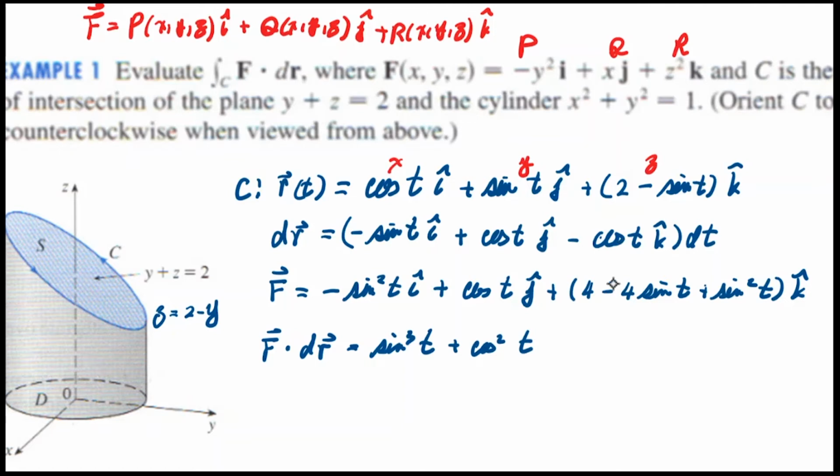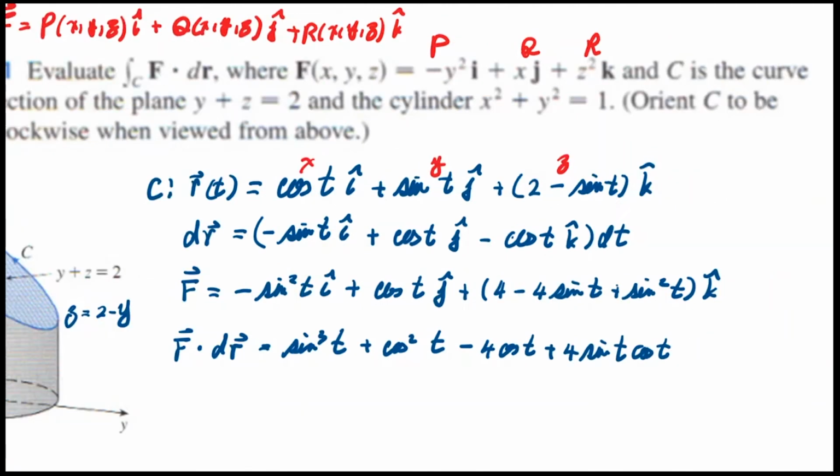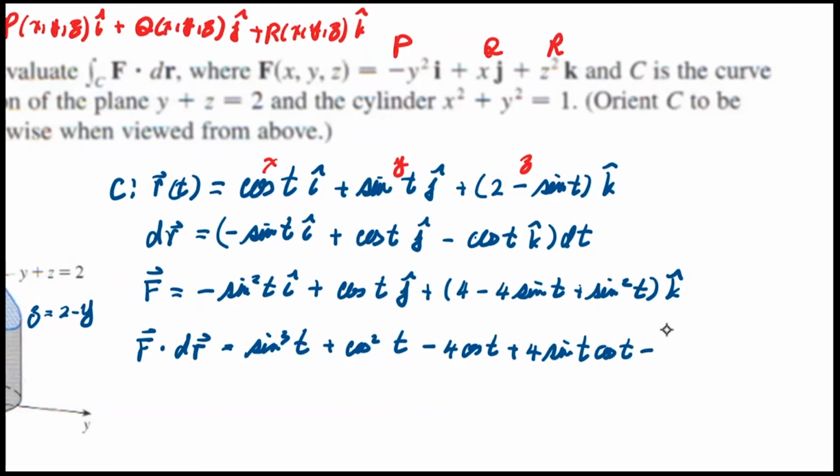Okay, dotted here, so we distribute with the negative, so negative 4 cosine t plus 4 sine t cosine t, and minus sine squared t cosine t. The whole thing times dt. You with me?